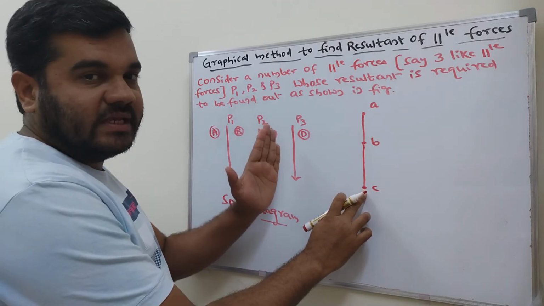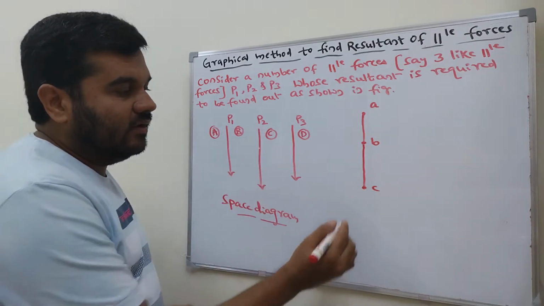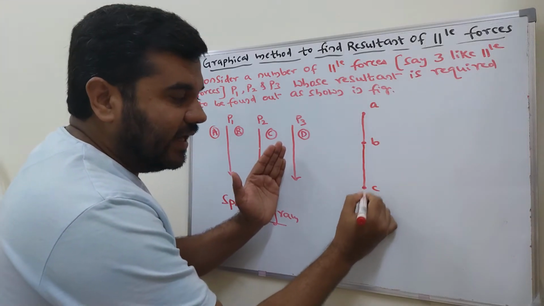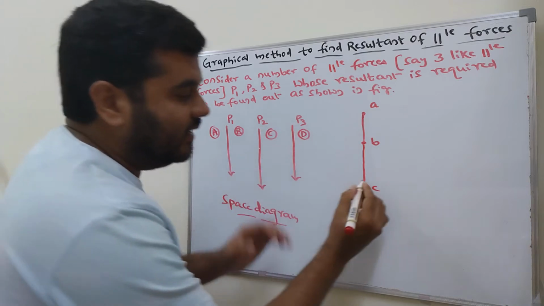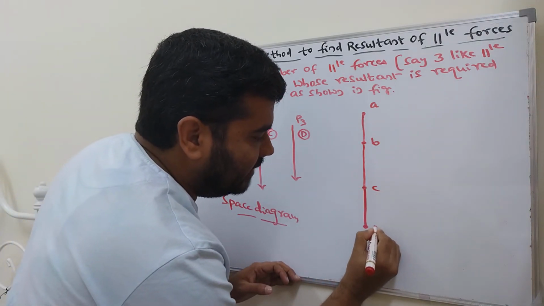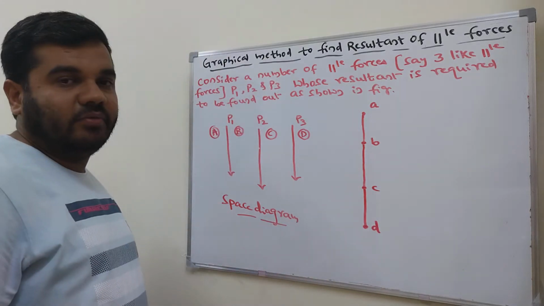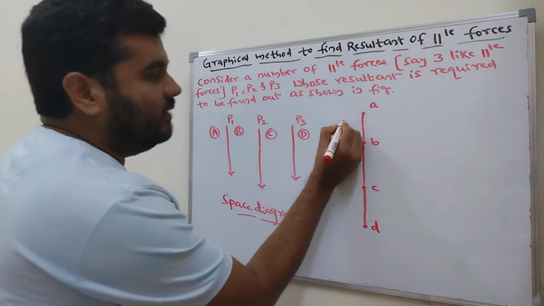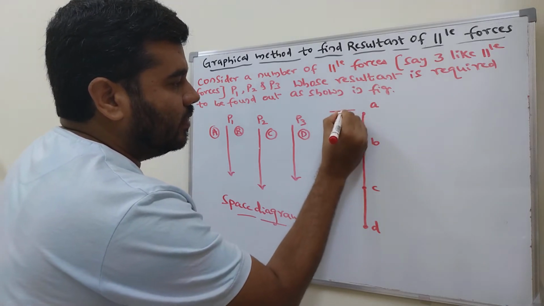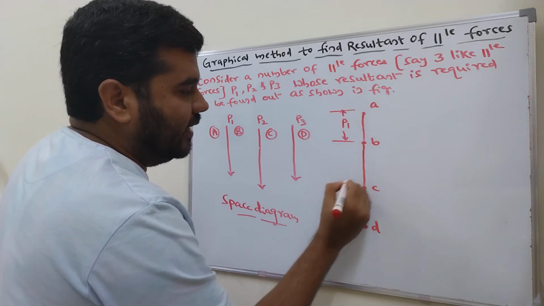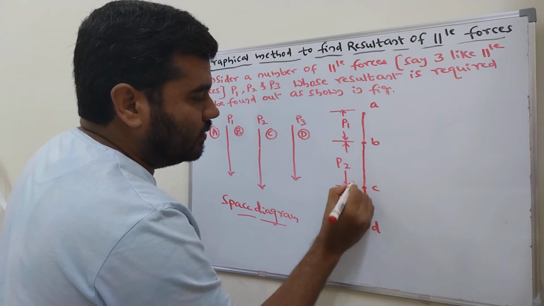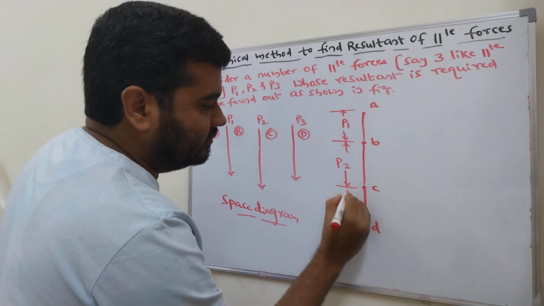Convert P3 into some scale. From C, draw a scaled line parallel to P3. This is point D. So this is force P1, this is force P2, and this is force P3.